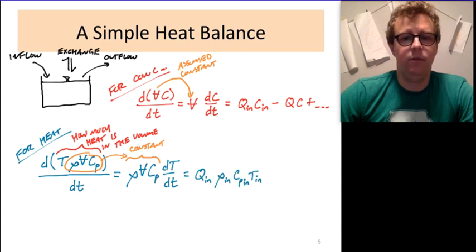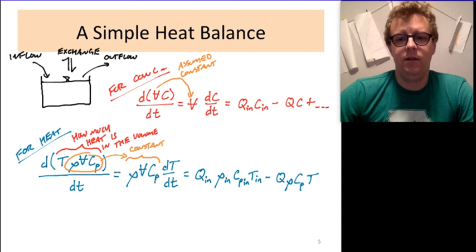Inflows, so Q in, that looks just like we had before. And now instead of concentration in, we're actually trying to get at heat in. So density times specific heat times temperature in. Very similar term for the outflow. And at the moment, we're just going to call any exchange with this sort of generic term, A sub S, meaning the surface area, times J. And so that J is a heat flux.